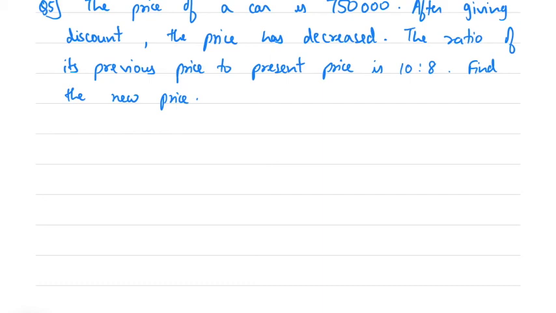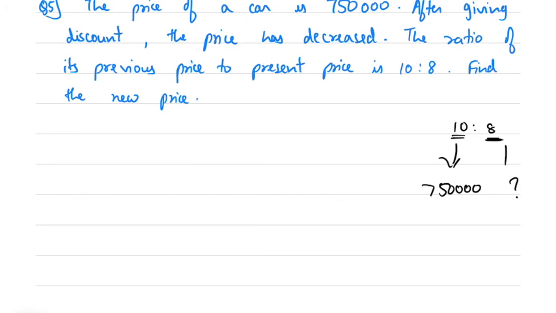The ratio of the previous price to present price is 10 is to 8. 10 is the price of the car and 8 is after discount. If 10 is 7,50,000, how much is 8? That you have to calculate. Okay.